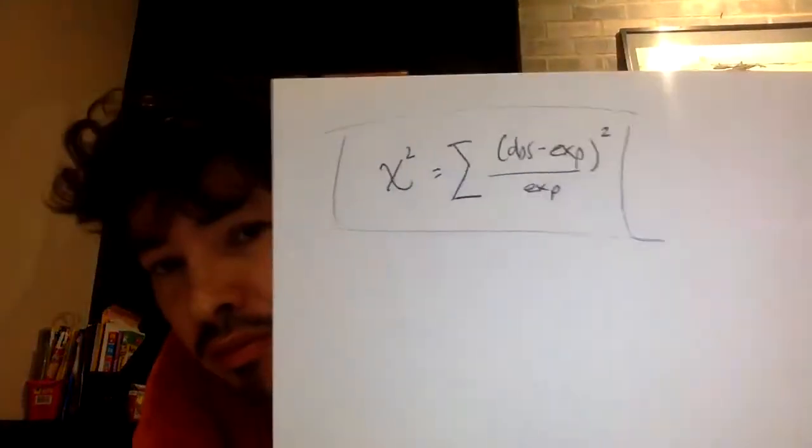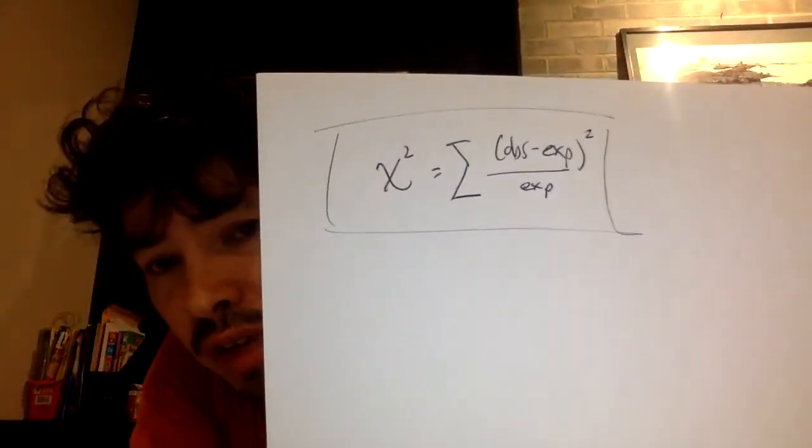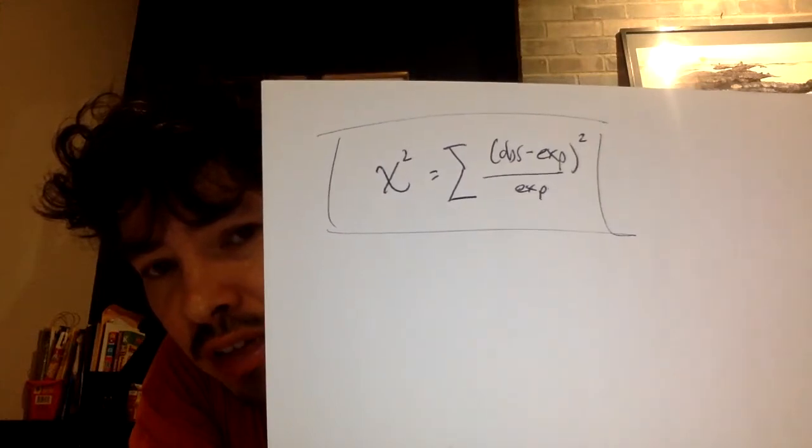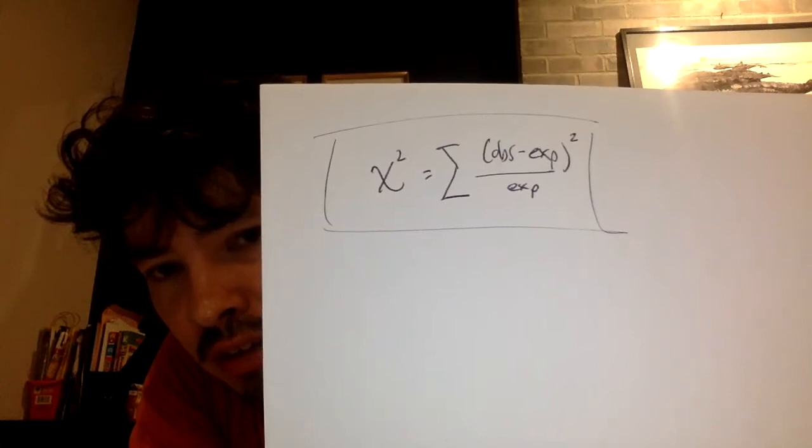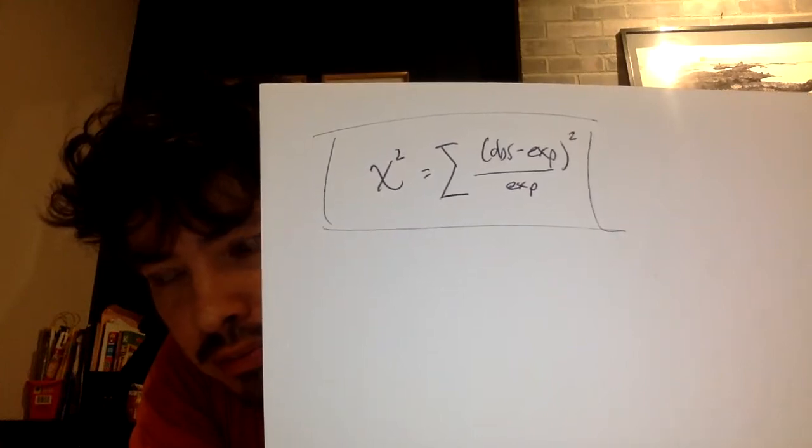This is on your formula sheet: the chi-squared stat is the observed value minus the expected value, squared, divided by the expected value, and then you sum them all up.